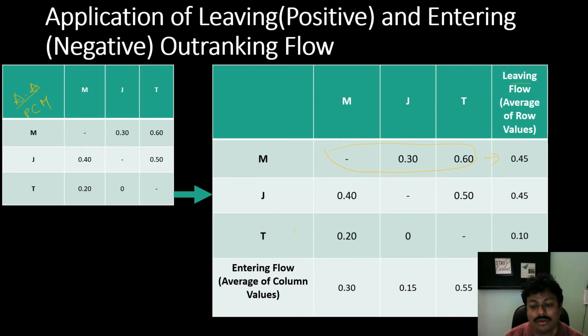And when you average the column values of that same matrix, you get the entering flow. Here I have already written the average of column values and average of row values. So when you average the row, you get the leaving flow. When you average the column, you get the entering flow. So you do it for each row and each column of that matrix.